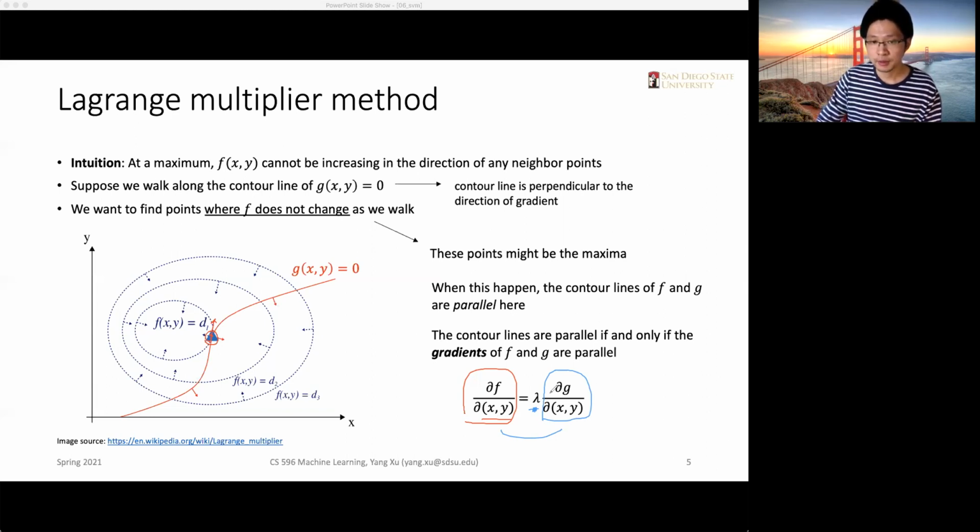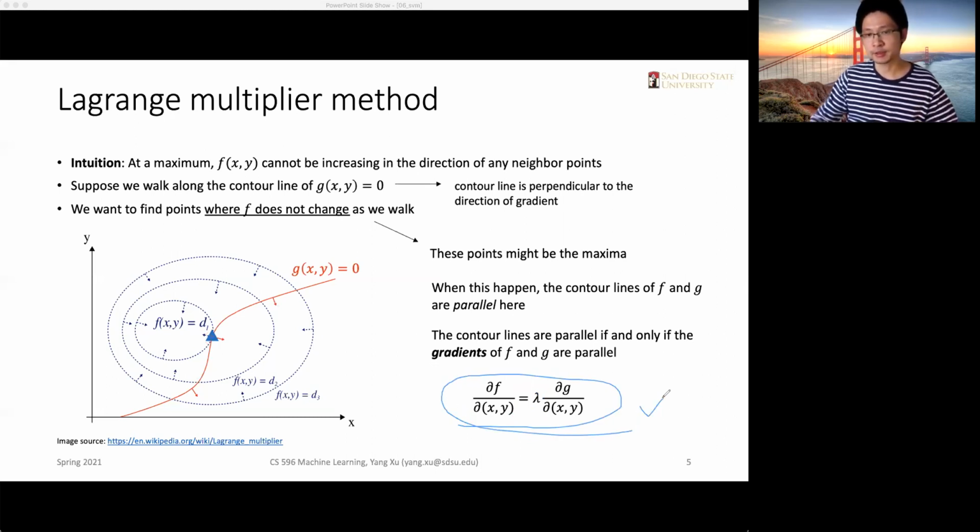Only when two vectors are in parallel can we multiply a constant to convert one vector to the other. Otherwise, we need to make some transformation. So this is the condition that we want to satisfy, because this is the place where a maximum can be found. Remember this form, because we will rely on it to do the next step.